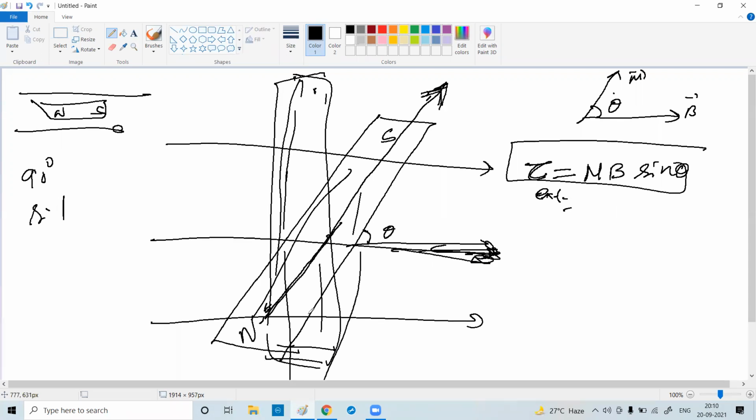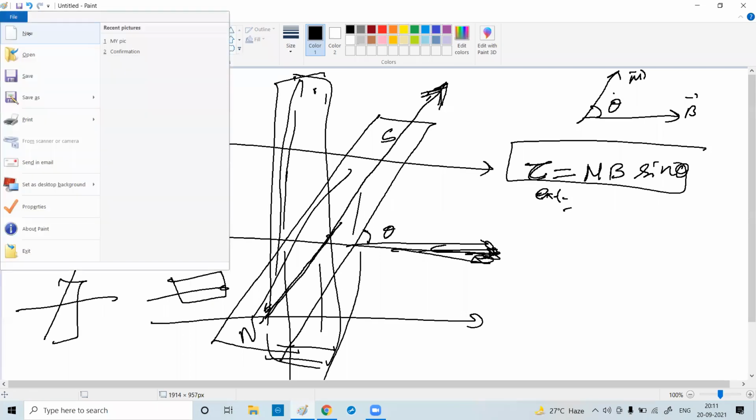Now we will find the potential energy, or the work done. Currently we are talking about torque, but what is the work done in getting the magnet from this position to this position? We have to find out.